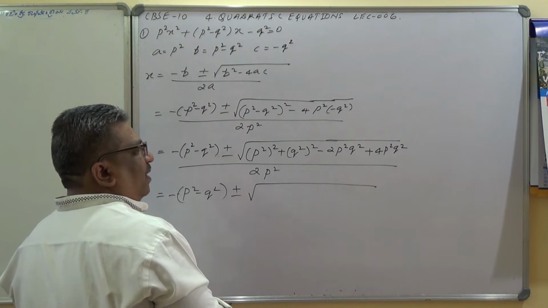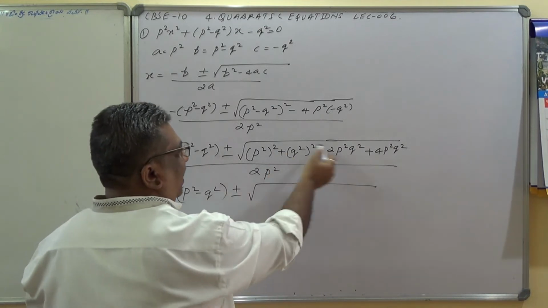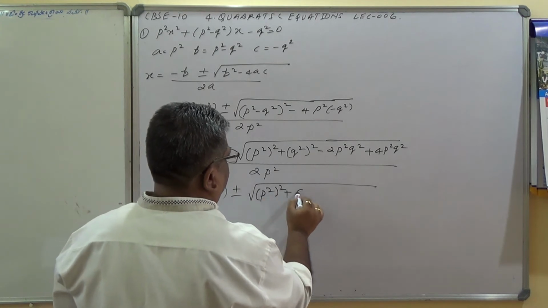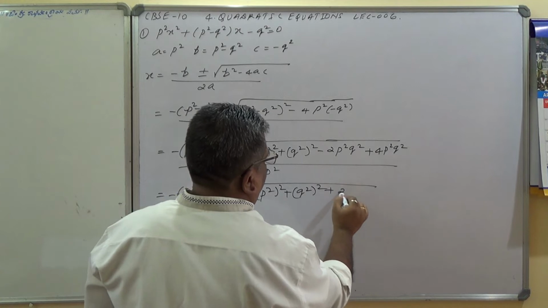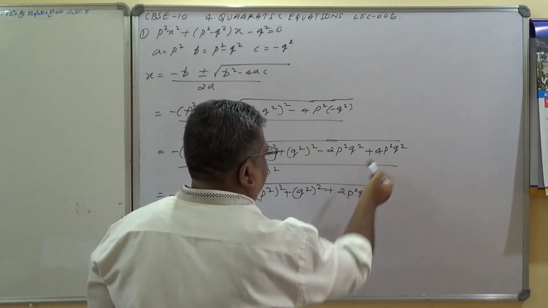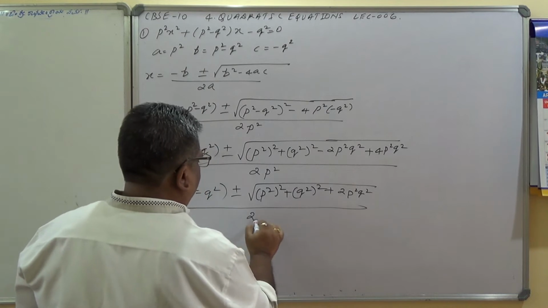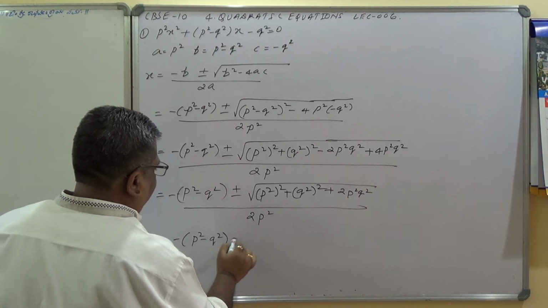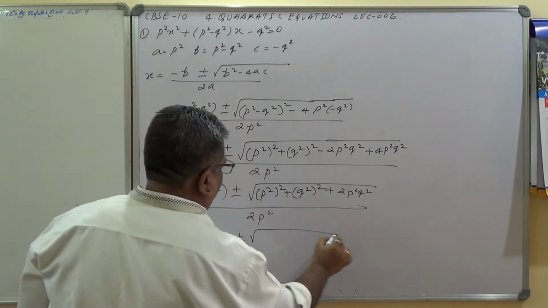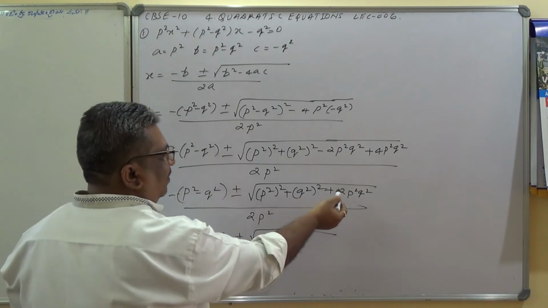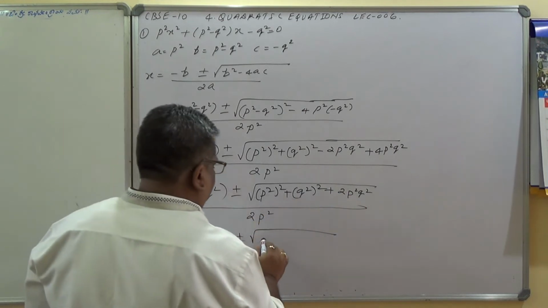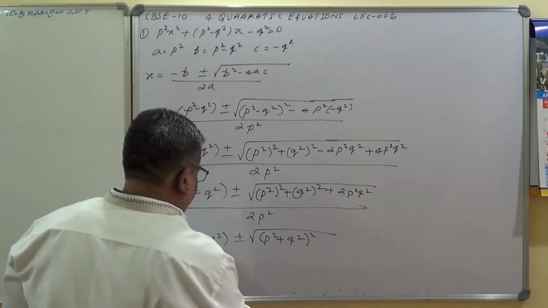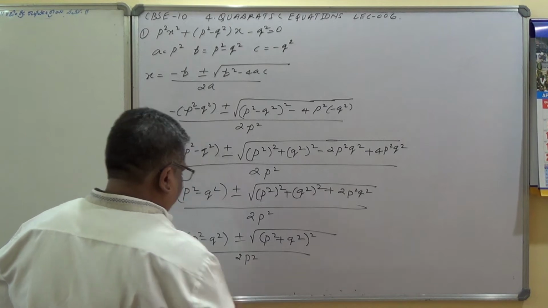Is it right? Interestingly, this part is becoming a square plus b square plus 2ab, isn't it? Therefore this will be p square plus q square the whole bracket square, divided by 2p square.